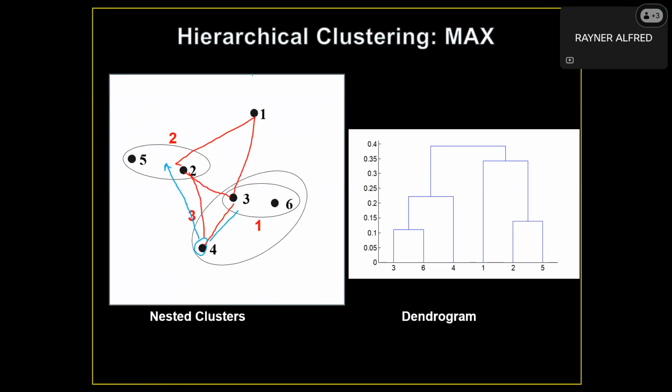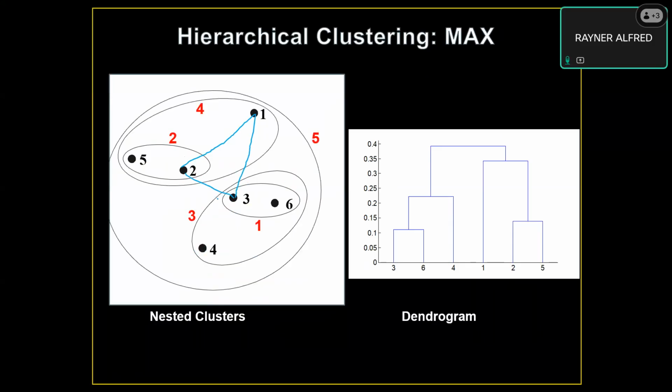Okay, and if we look at the next one. So the distance between this is measured here. This one is measured that one. And then this one is here. So the nearest is that one. So we have that one. Yeah. So that's how the, oh, sorry, this is maximum, right?